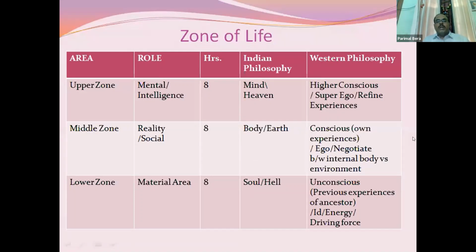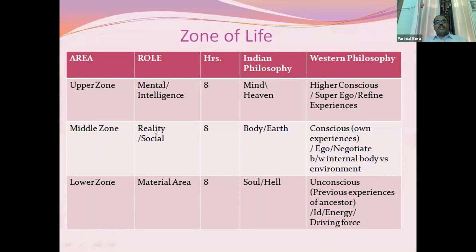That is important. So from the middle zone letters, we can understand the mind, ego, negotiating, and the internal body versus environment. Even our internal part and the external part, the conscious and the unconscious mind, can be understood from the middle zone.